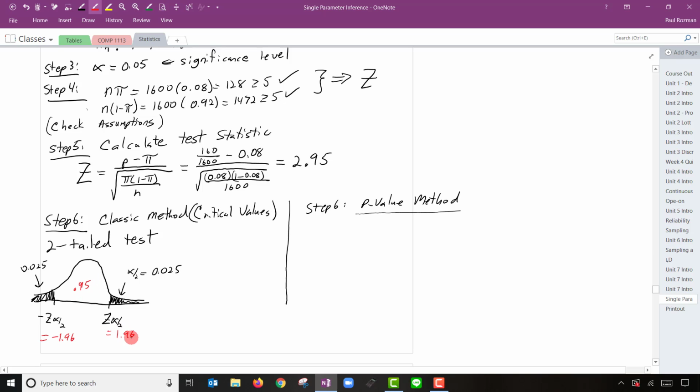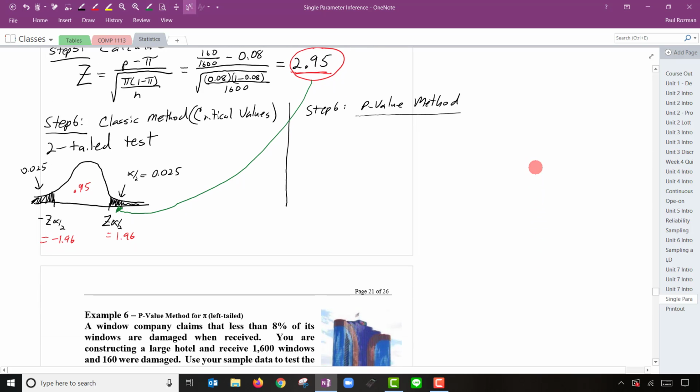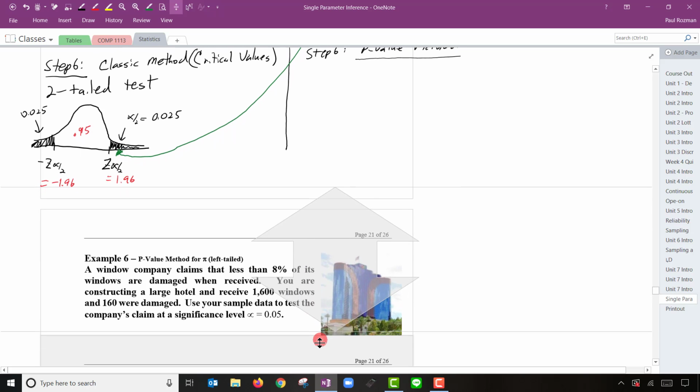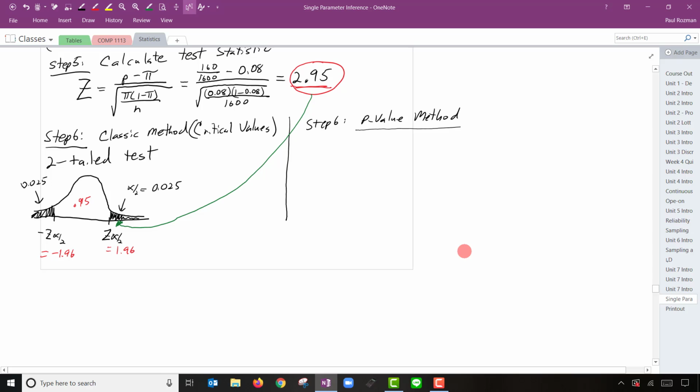Now we're going to compare our 2.95 to these numbers. And when we do that, we will see that 2.95 is unusual. It's in this upper tail. So if we're assuming that the null hypothesis is correct, then this value is unusual.